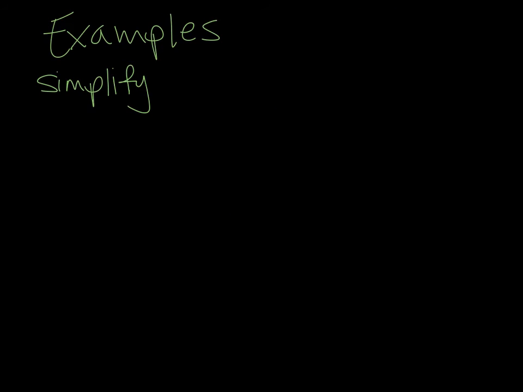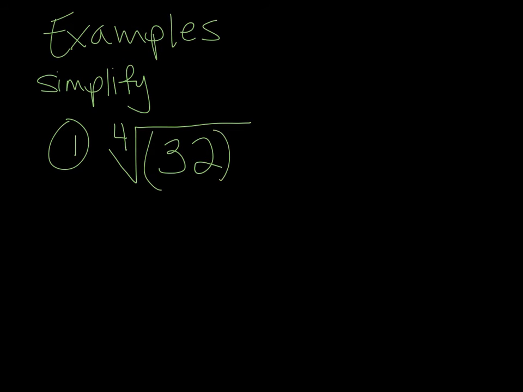Let's first start by simplifying radical expressions and rewriting them with rational exponents. So here we have the fourth root of 32 squared. So first I'm going to start by taking my radicand, which we know is 32, rewriting it as my base.